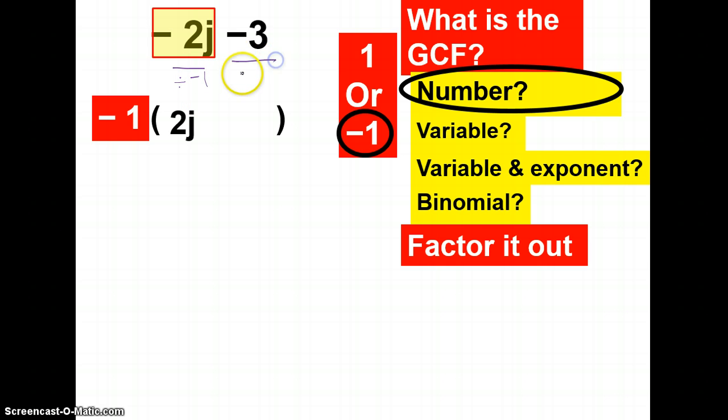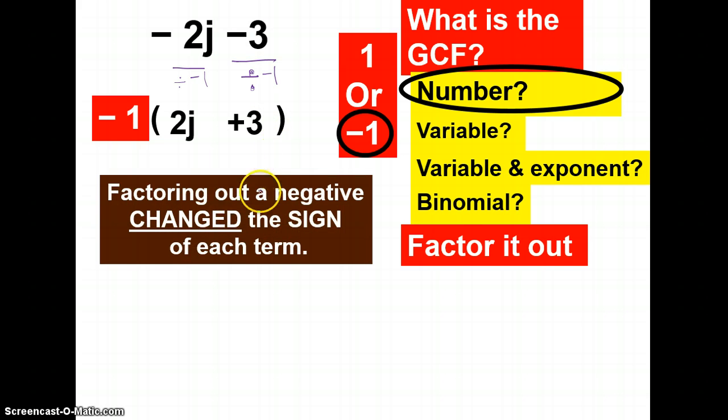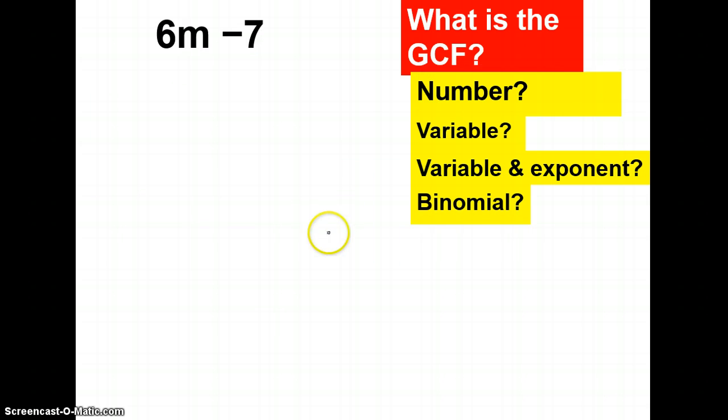Good. If I divide out a negative 1, what would that be? Great. Factoring out a negative changed the sign. Do you notice that? Let's try another one.